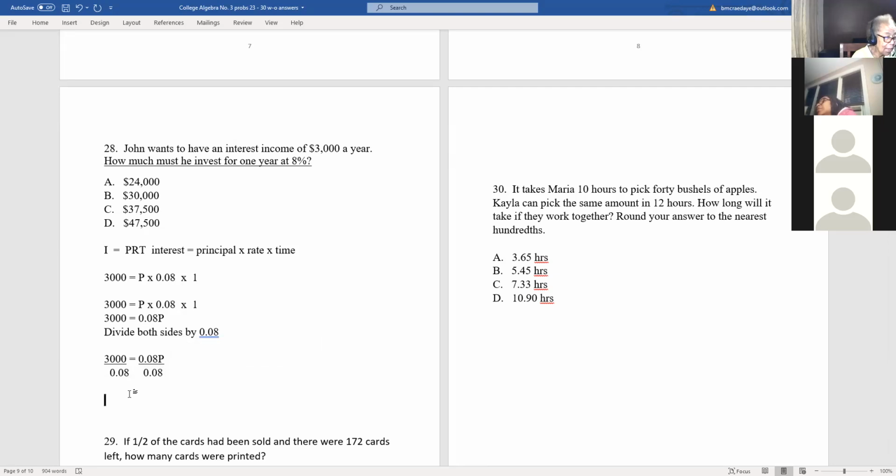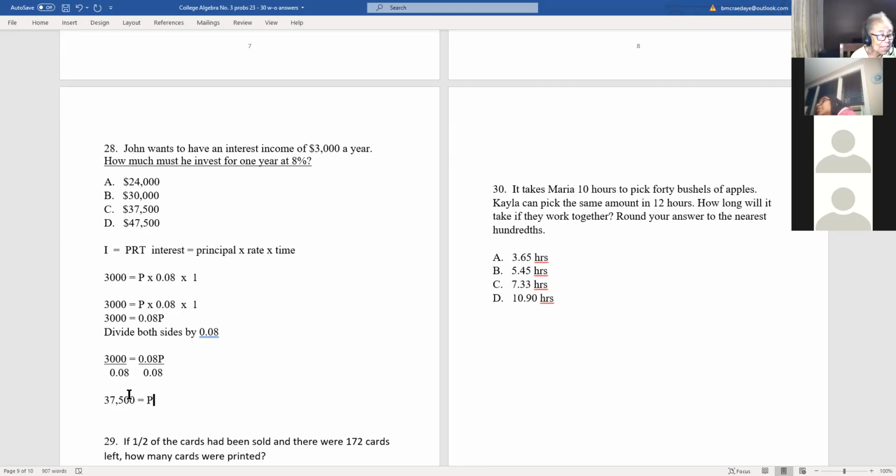37,500. The answer is C. Yes, 37,500. And that would be equal to P, the principal. That's how much you would have to invest to make 3,000. Ooh, that's a lot of money. Yes, that's a lot of money to make 3,000 a year, right?